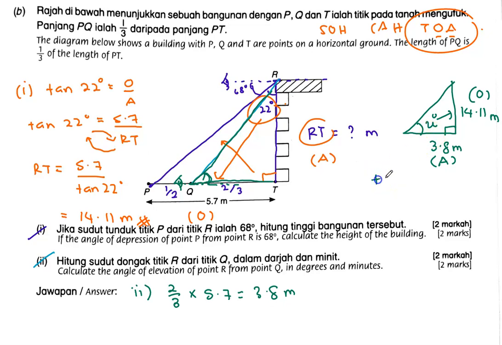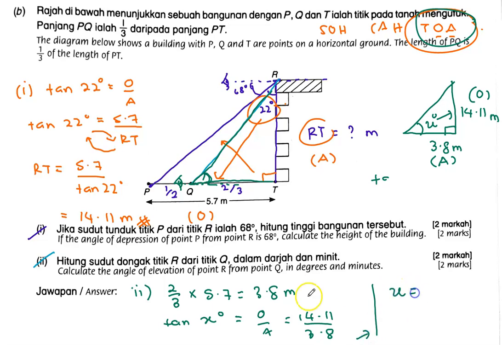Thus, for you to go for tangent x, it equals, again using O over A, 14.11 over 3.8. Now your x should equal, bringing the tangent to the right side, inverse tangent of 14.11 over 3.8.